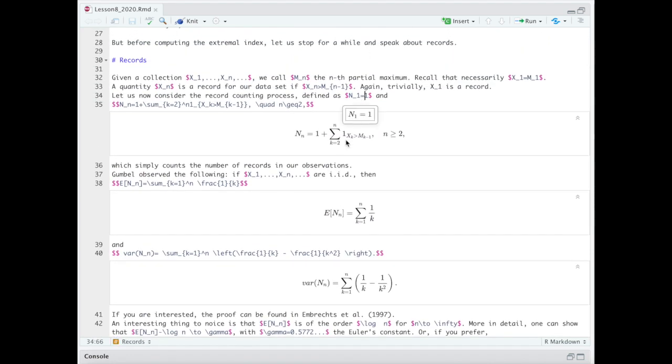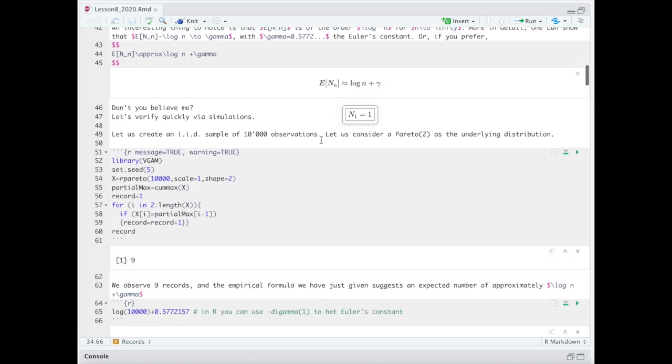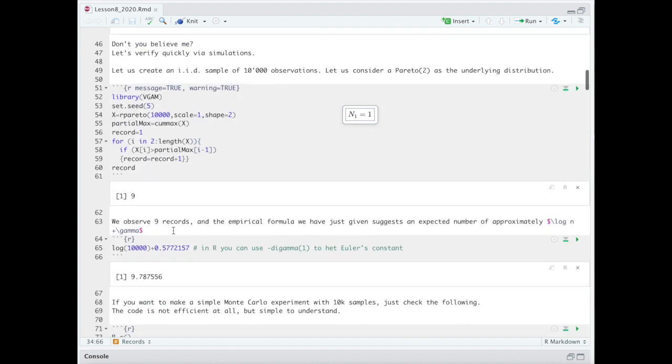And for the rest, we just apply this second formula. So for i from 2 to the length of x, we just verify the condition such that a given observation is a record. And if this condition is satisfied, we increase the number of records we have observed.